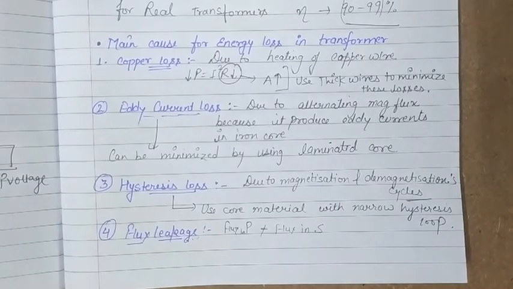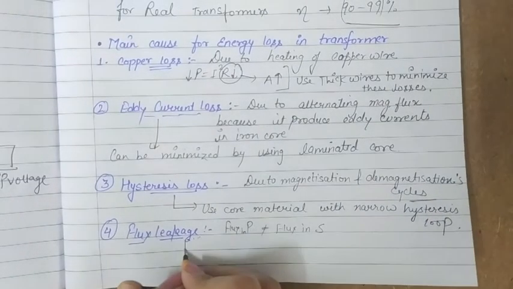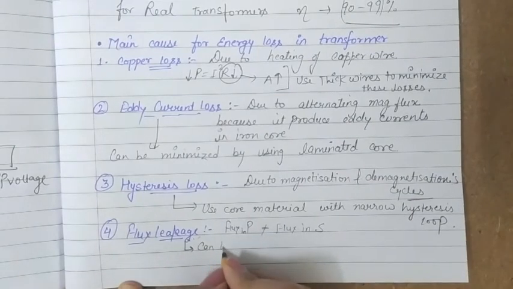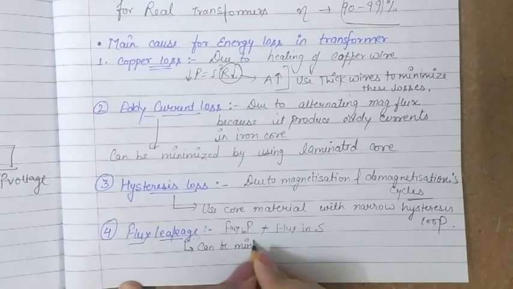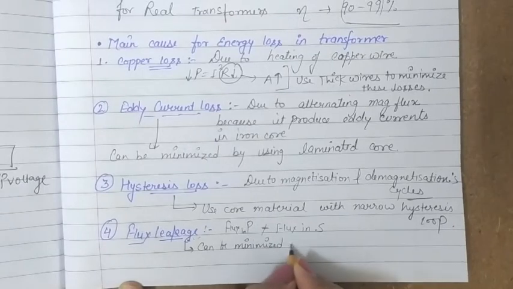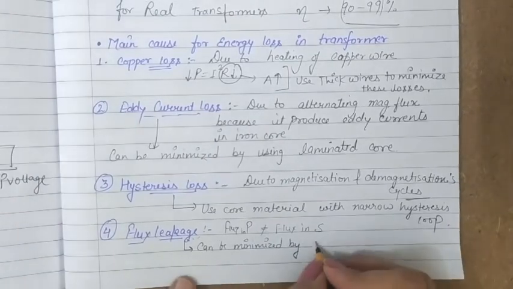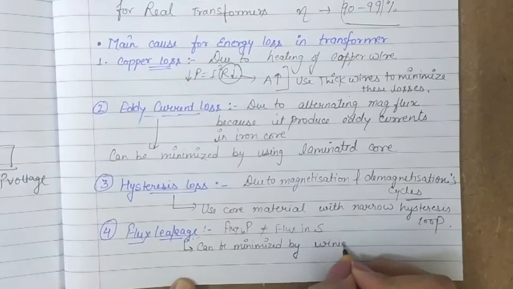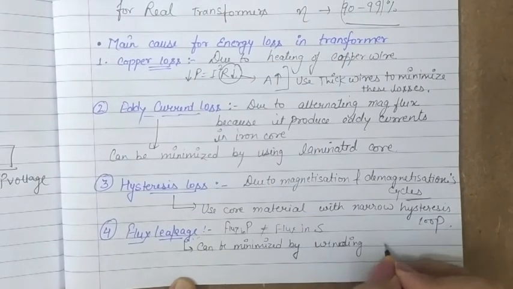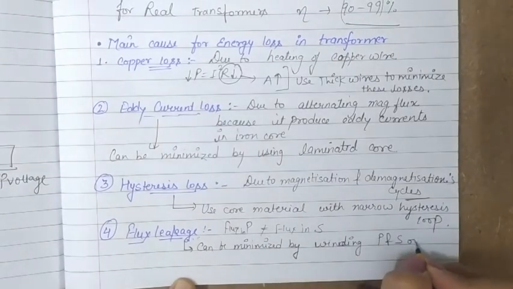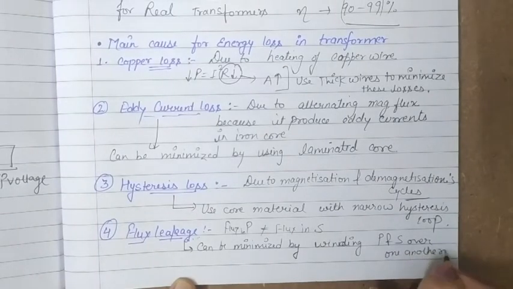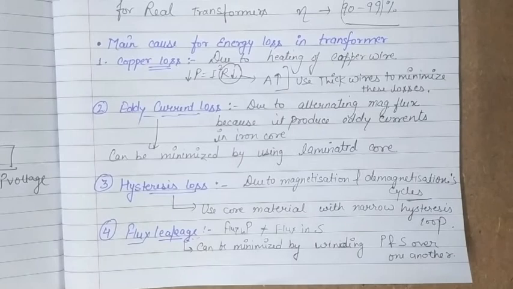There may be some leakage of flux and it can be minimized by winding the primary and secondary coil over one another. We will wind them overlapping one another. In that case the flux leakage will be minimum.